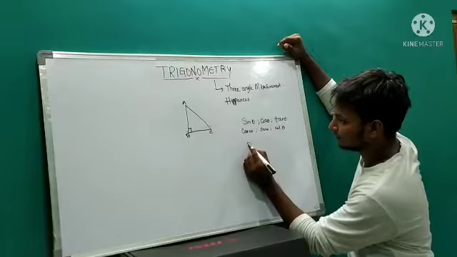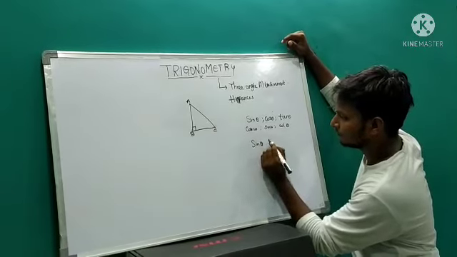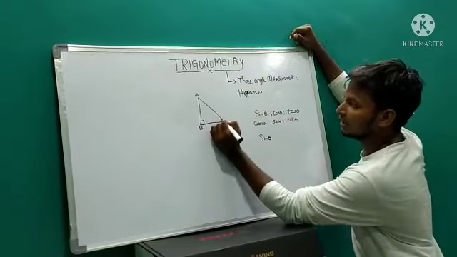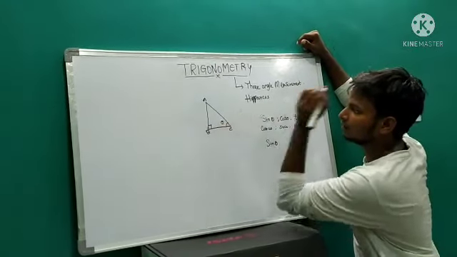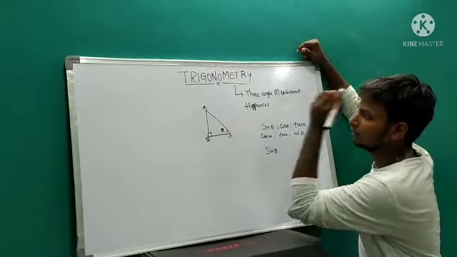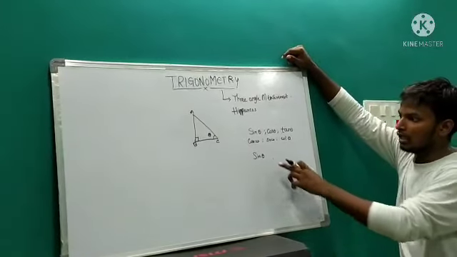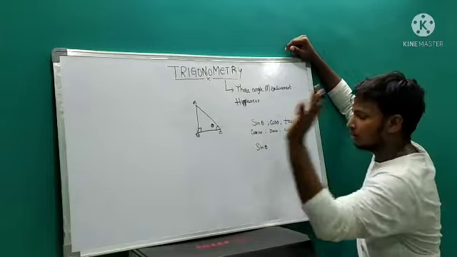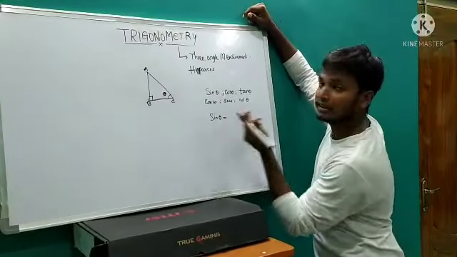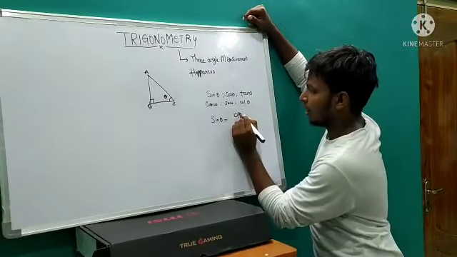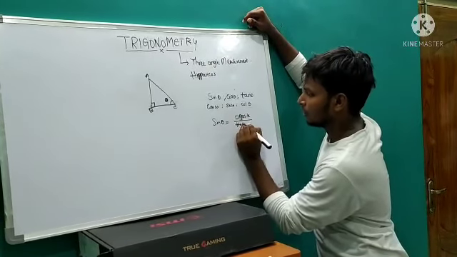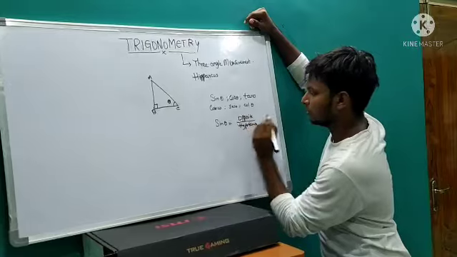Sin theta. Theta is nothing but an angle. Here, let's place theta. Sin theta means opposite side by hypotenuse.